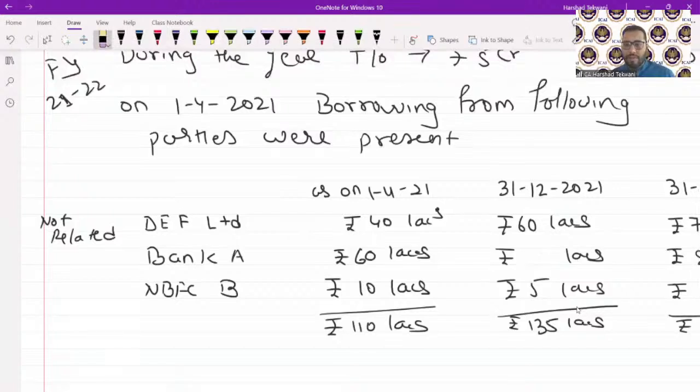Let's say remove this 70 and 5. Let's say this was 60 and from NBFC it was 70. The total borrowing, okay, 170 lakhs.